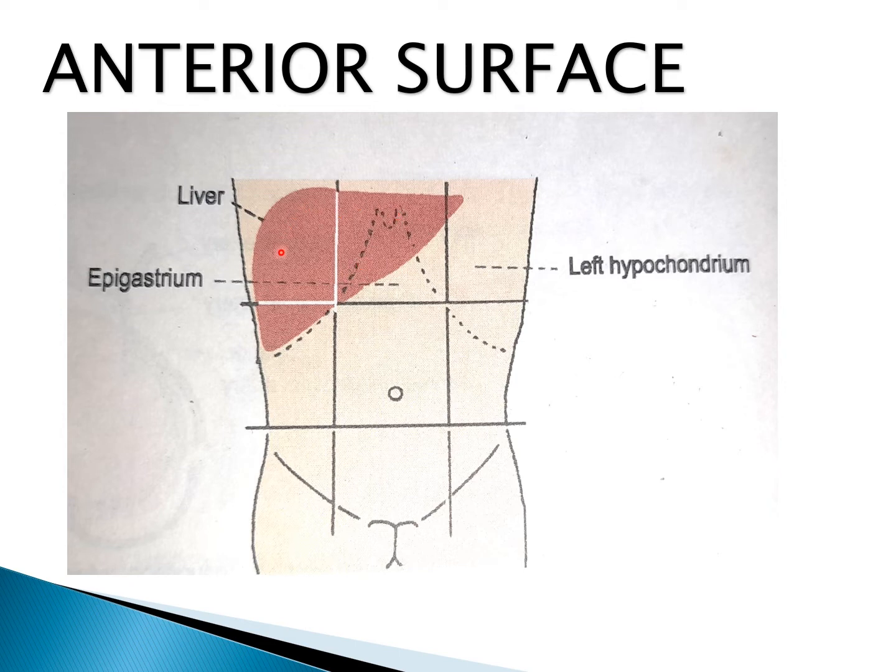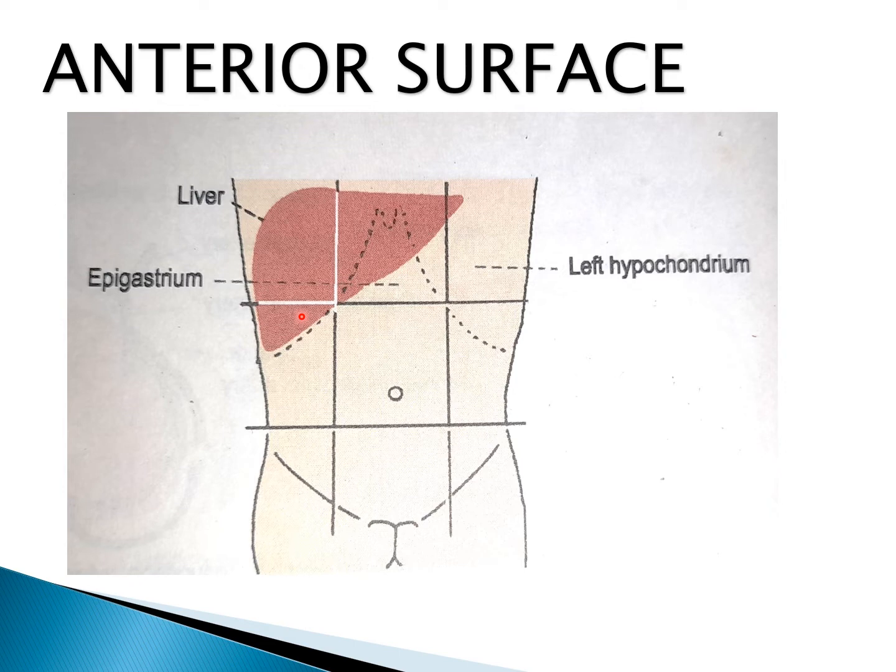For the anterior surface of any viscera, whether it is stomach or liver, you have to understand that anteriorly there is the anterior abdominal wall. Even if you forget everything, you can just apply common sense and say that there is the anterior abdominal wall.